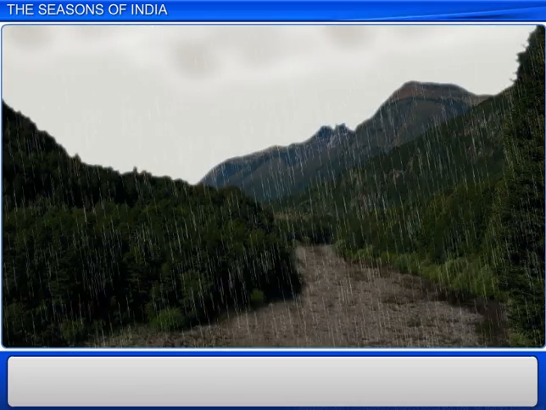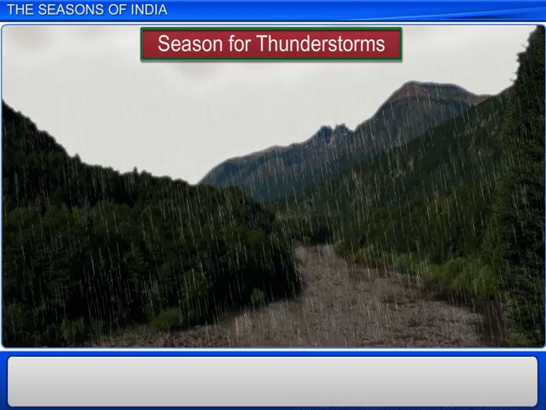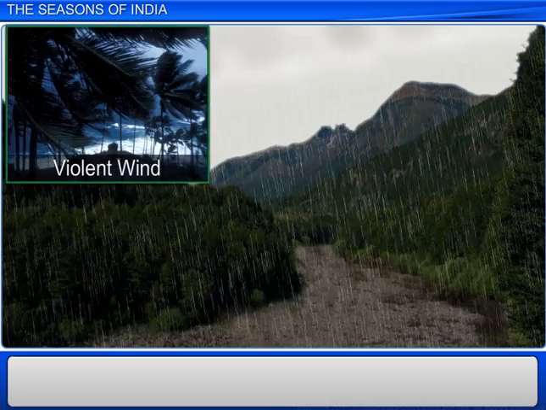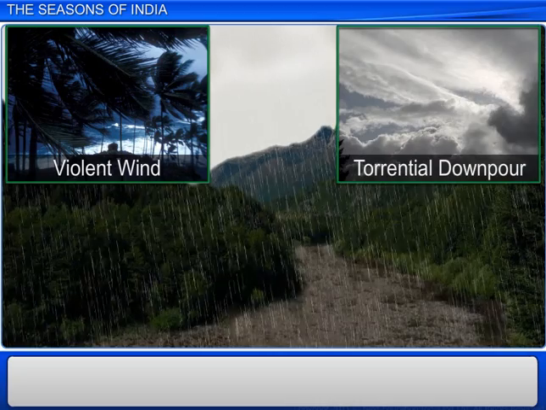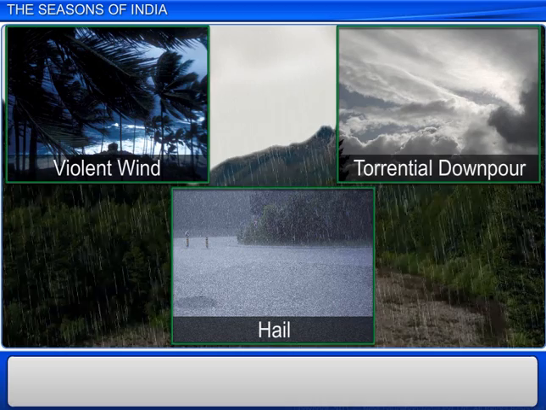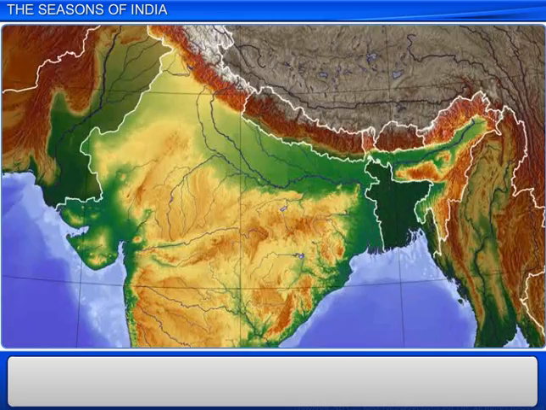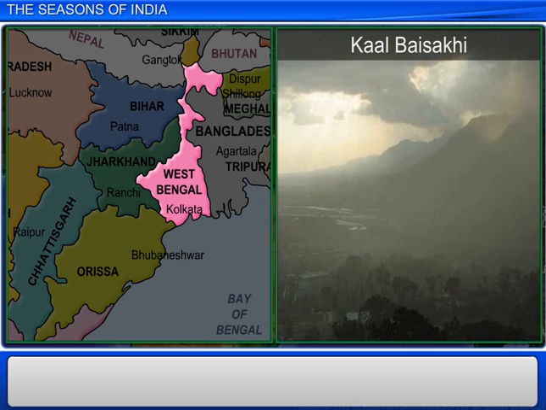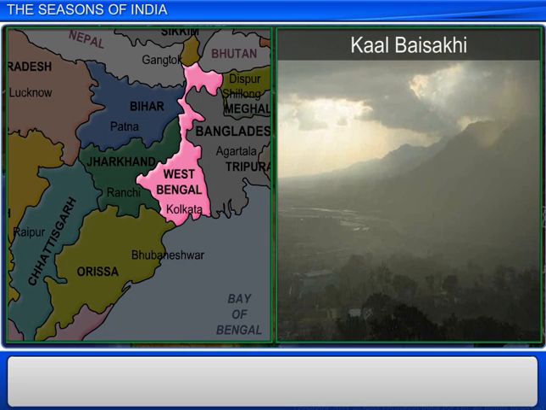This is also the season for localized thunderstorms, associated with violent winds, torrential downpours, often accompanied by hail. In West Bengal, these storms are known as the Kal Baisakhi, which means calamity for the month of Baisakh.